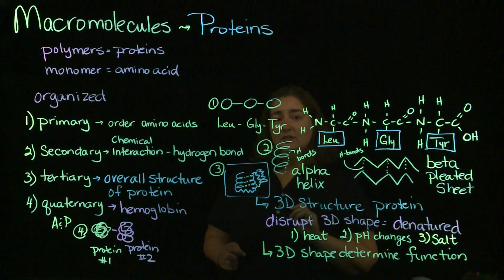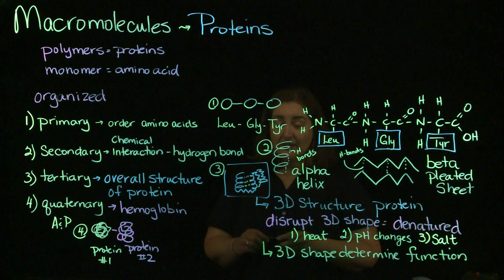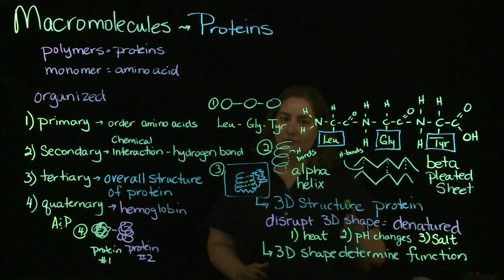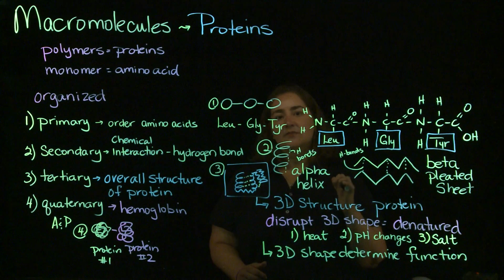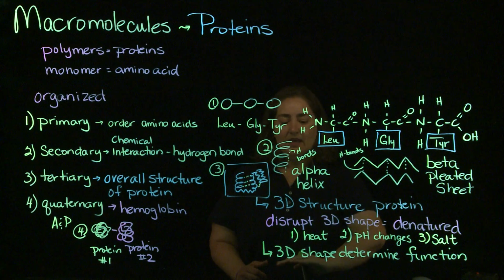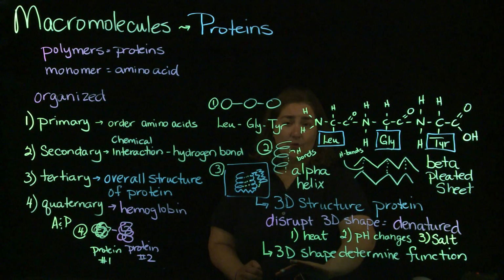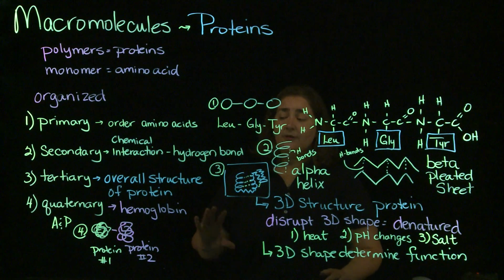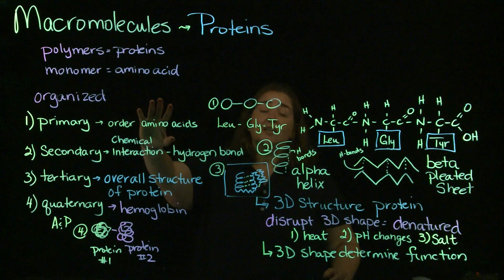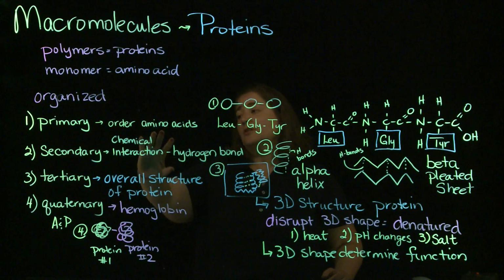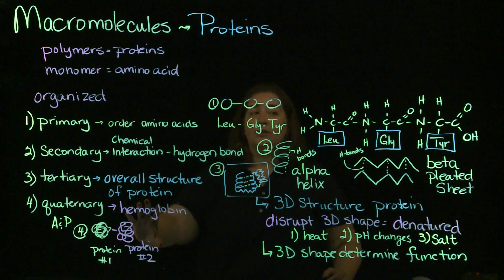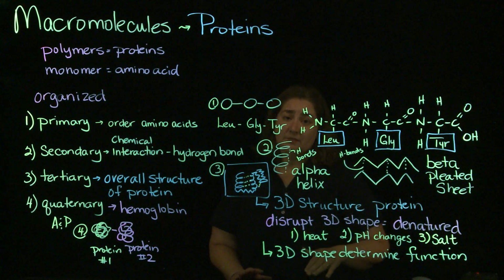And what we're going to discuss mostly in this class when we get to chapter 5 is enzymes and the three-dimensional shape associated with enzymes and why that's important, okay? So for now, what I want you to know are the levels of organization associated with proteins: primary, secondary, tertiary, quaternary, and what the difference is between each of them.